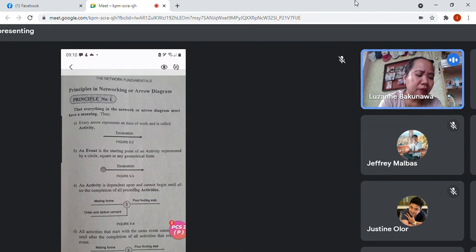You cannot pour the slabs. Technically, you cannot start pouring slabs if your formworks are not finished, and at the same time the cement and other materials for the concrete pouring are not yet delivered. Right?